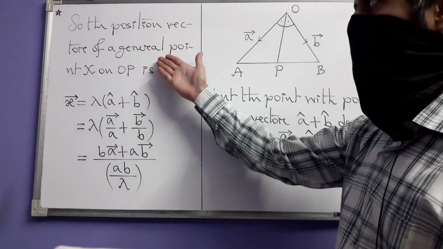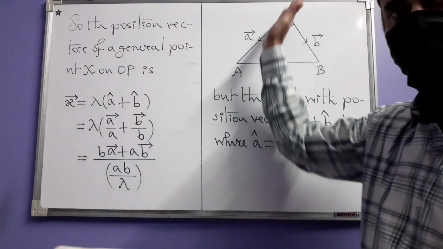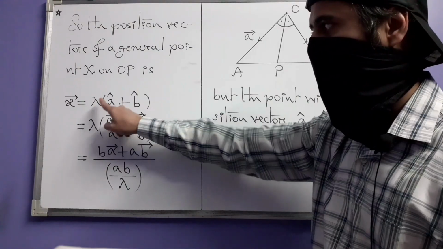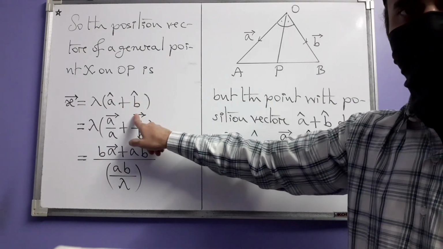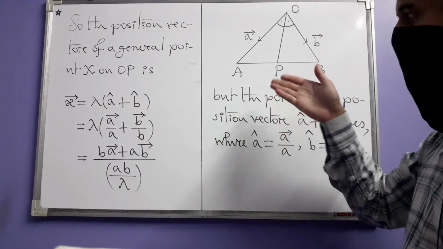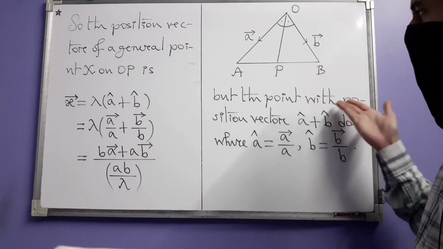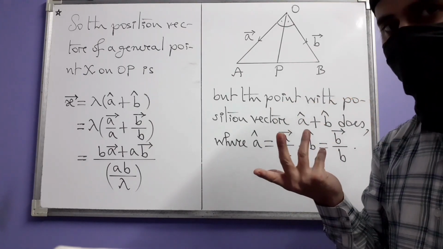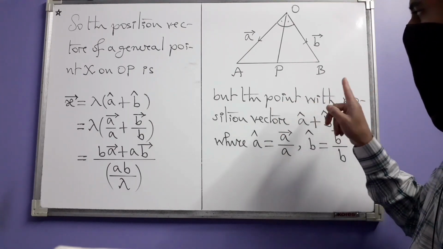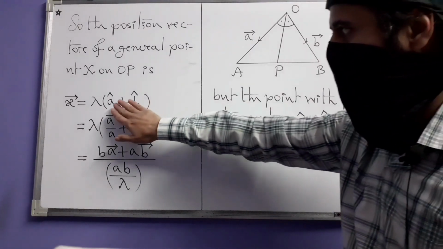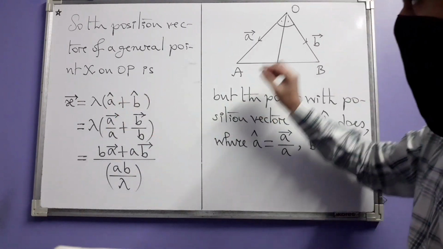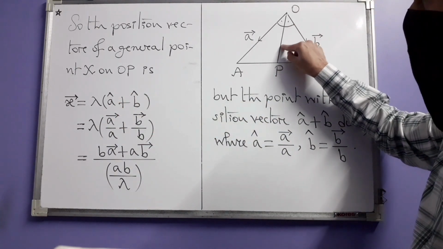So the position vector of a general point x on OP is some scalar times A hat plus B hat, because we have just now seen that the point, what point we don't really know, but some point which has A hat plus B hat as its position vector lies on OP, so it's here somewhere.